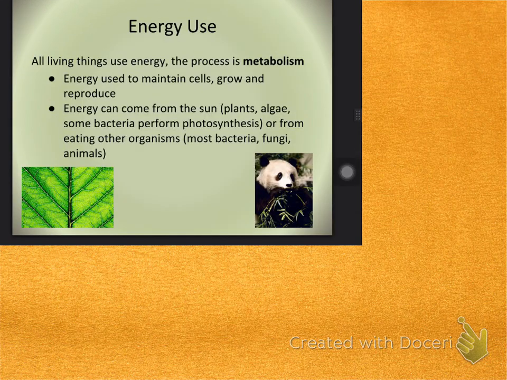Okay, so you guys had said when we did the list of things that all living things have in common, all living things eat. So how many of you have heard the word metabolism used? Okay, how's it used? Any one of the three of you. How is it usually used? Digest food.